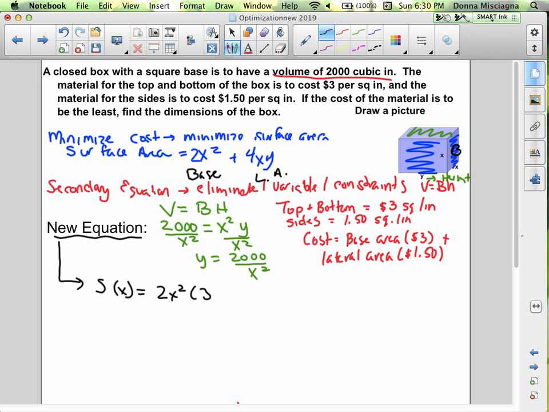I'll have to put the 0.00 in, but we don't have to put the dollars in until later if we need to, since it doesn't ask for cost, it just asks for the dimensions. So 3 is fine. And then plus 4x, and we'll replace the y with 2,000 divided by x squared, and then multiply times the cost, which is 1.50.